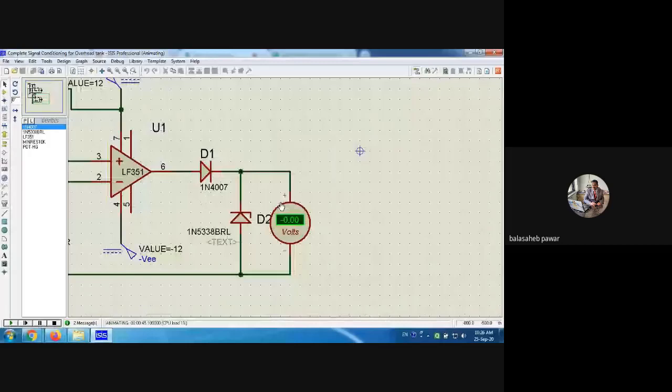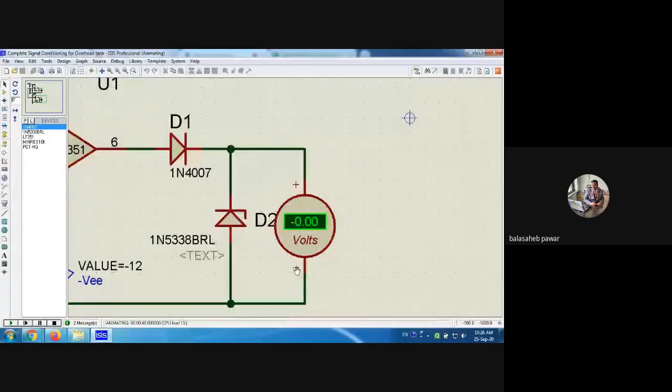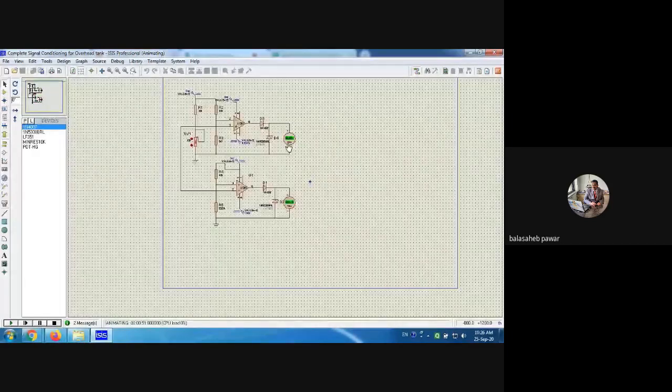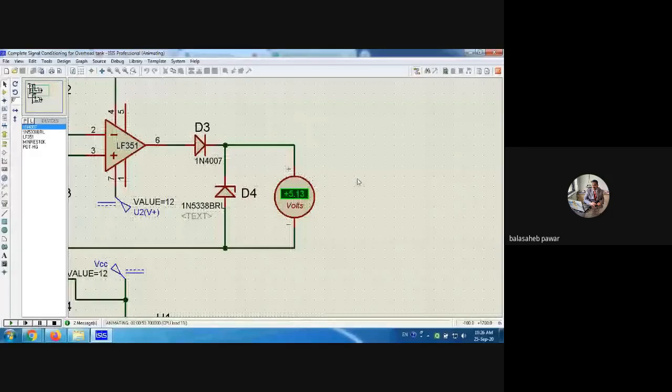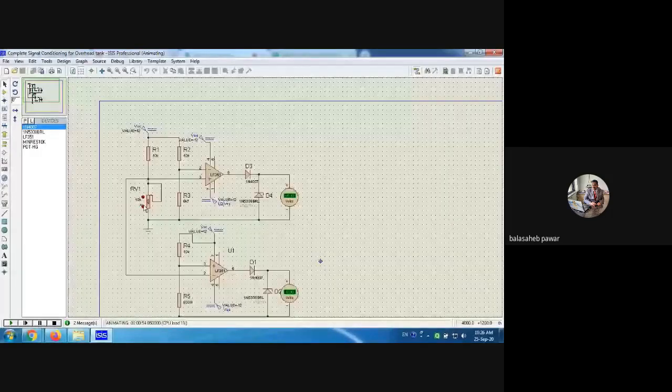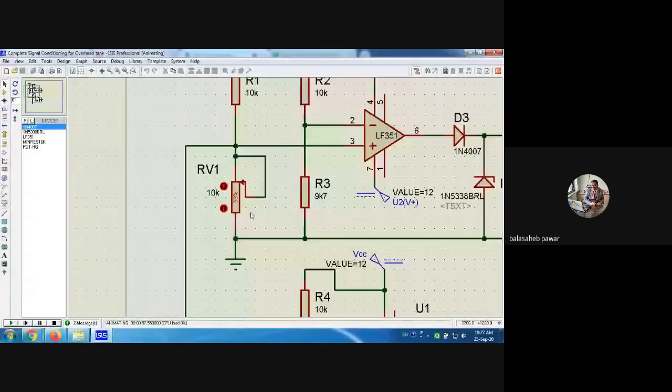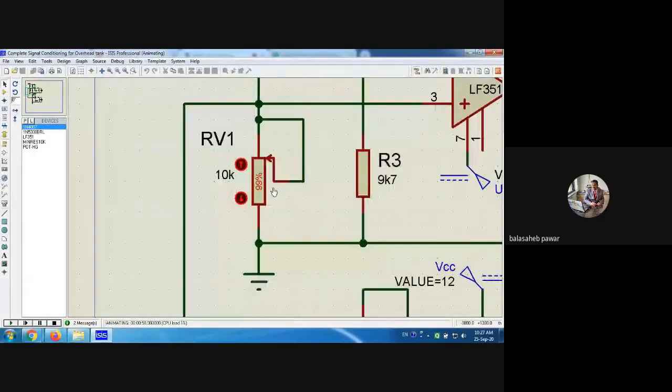The second signal conditioning circuit is used for the overflow condition, while the first one is shown for reservoir condition. When reservoir occurs, the resistance offered by that sensor will be maximum, and the same I did over here manually, right? I changed the resistance of that potentiometer, correct?